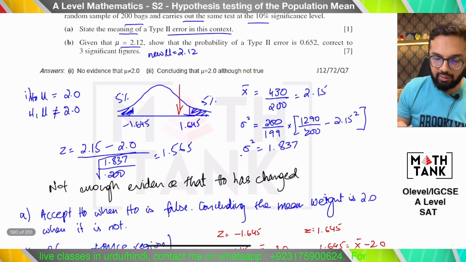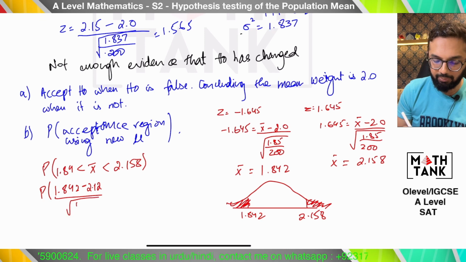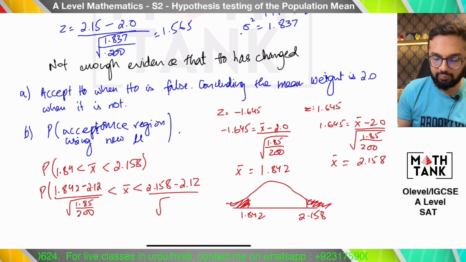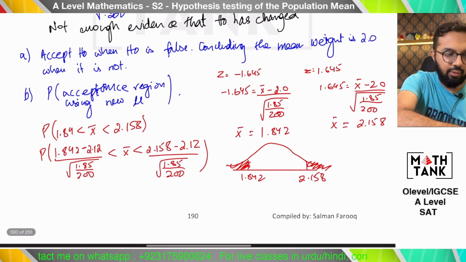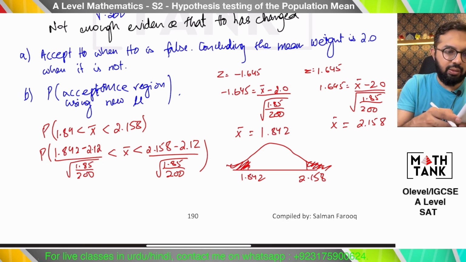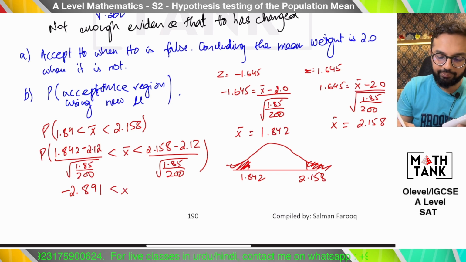That's what's given in the question. And then I have root of 1.85 divided by 200. So 1.842 minus 2.12 divided by root of 1.85 divided by 200 gives minus 2.891.